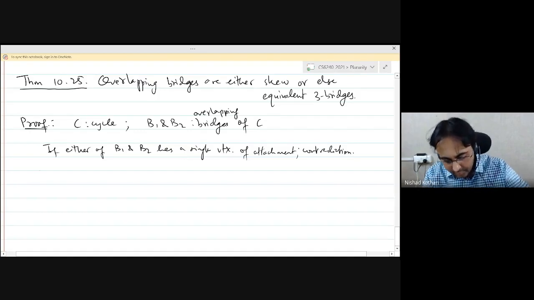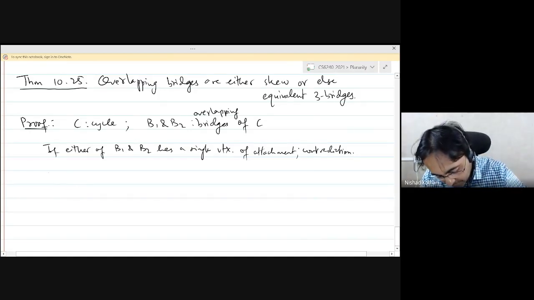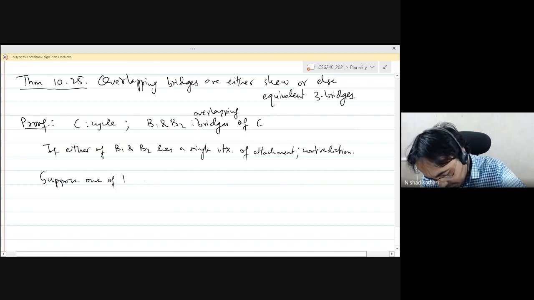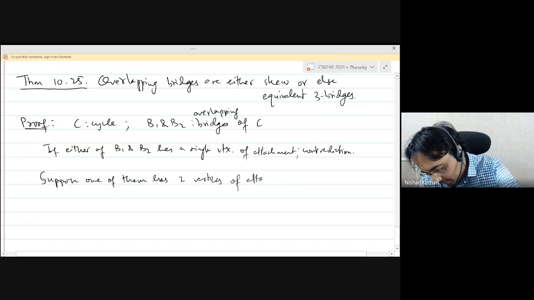So now let's suppose that one of them has two vertices of attachment. Okay, say B1.